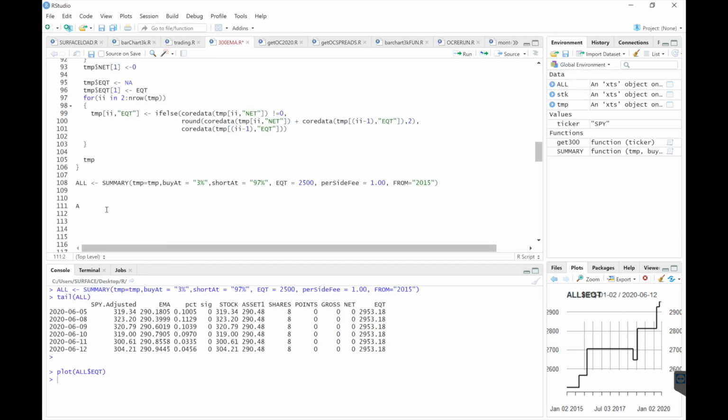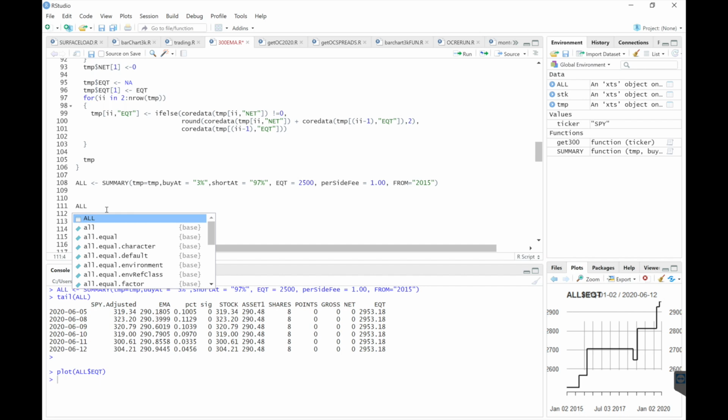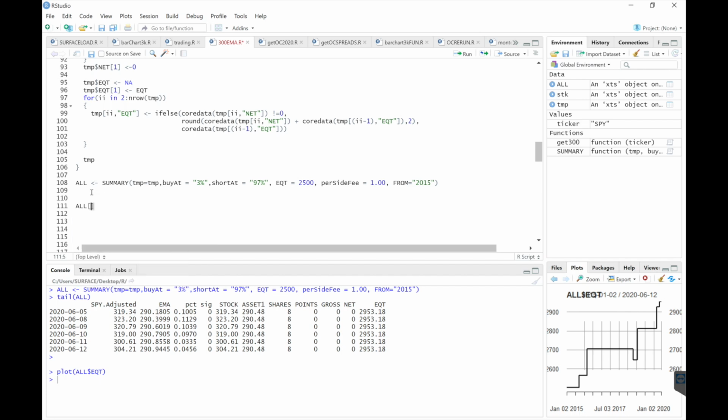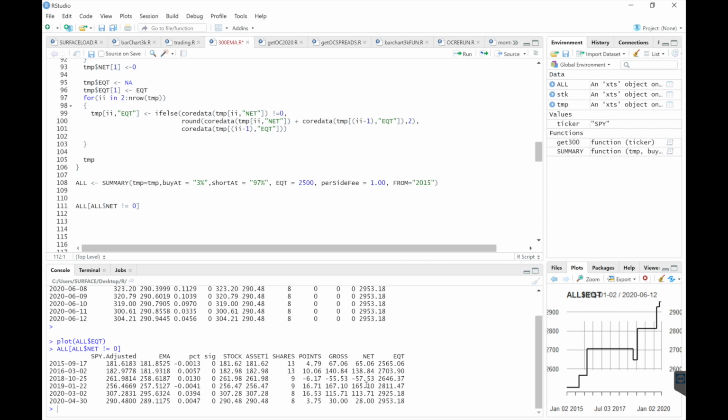I want to see P&L for each trade. So I'll subset all net greater than 0. That does not equal 0, sorry. So we have a couple trades, not many. 2, 3, 4, 5, 6 trades.